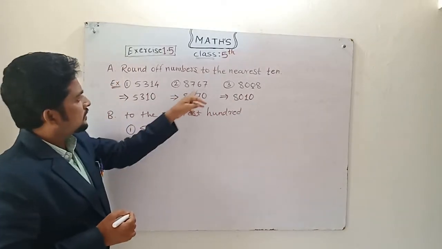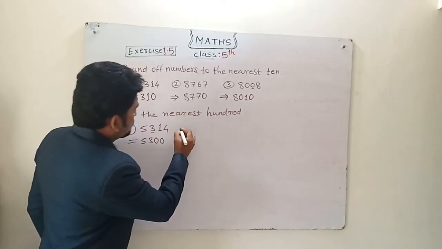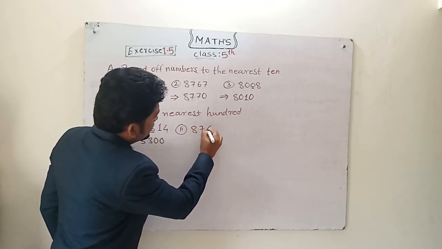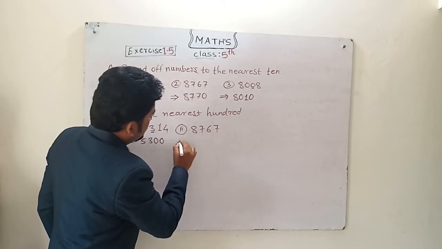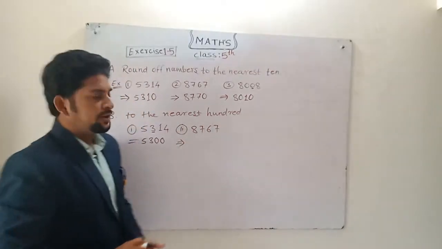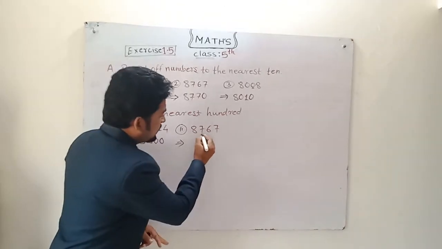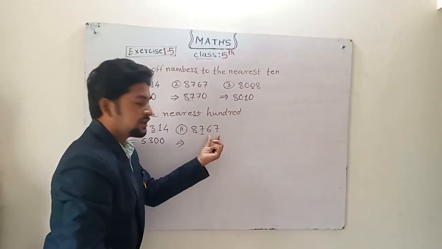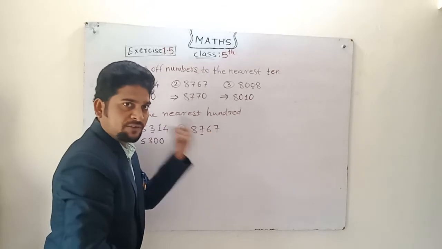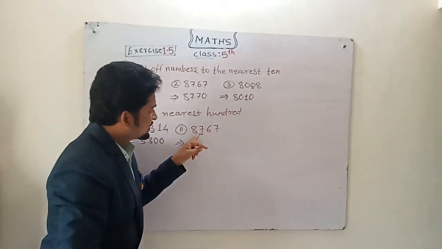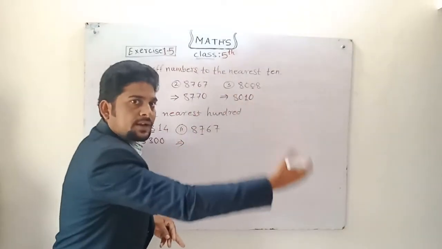Okay, from this example again we will come to know. 8767. Okay, nearest 100 I want. Okay, ones, tens and the 100 place is 7. After that 67, it is more than 50, right? More than 50, so 7 will convert into 8.